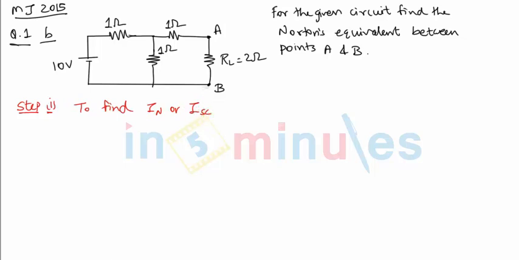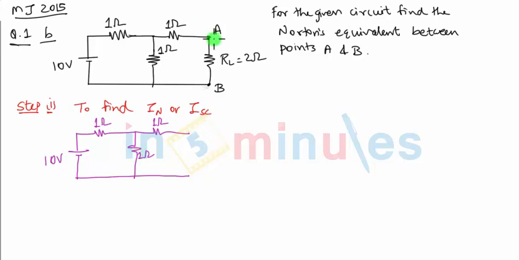So when we find Norton's current, we will have to remove whatever is connected between points A and B. So in this case, RL is connected between points A and B, so I'm going to remove RL. And I will draw the rest of the circuit which I have done. This is 10 volts battery. All 3 resistors are of 1 ohm.